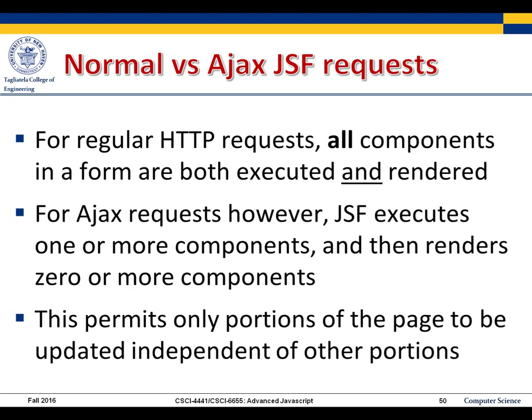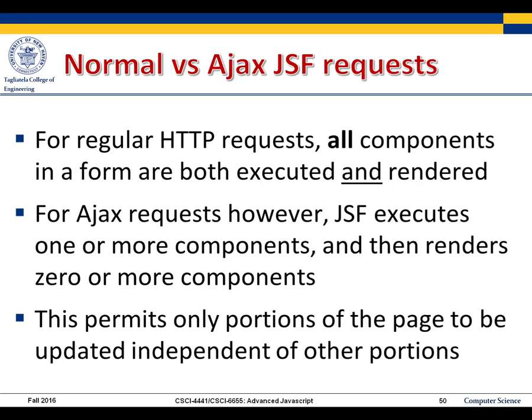So that's the difference. You actually can specify what gets executed and what gets rendered. And what this really means is that you can then update just portions of the page and render just portions of the page. In other words, this is what you would call partial processing. Rather than the standard style, if you're using just HTML forms, you're doing full processing. Everything gets sent. Everything has to be dealt with.